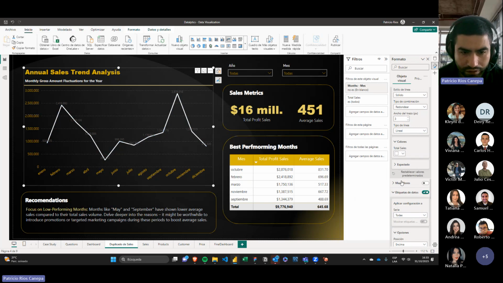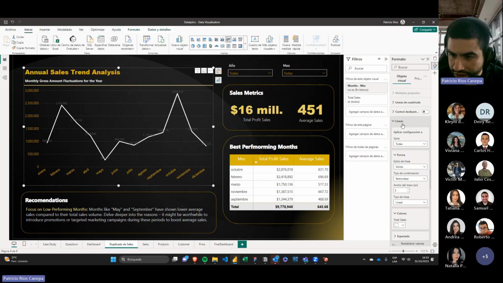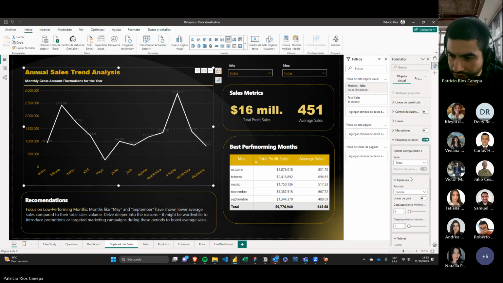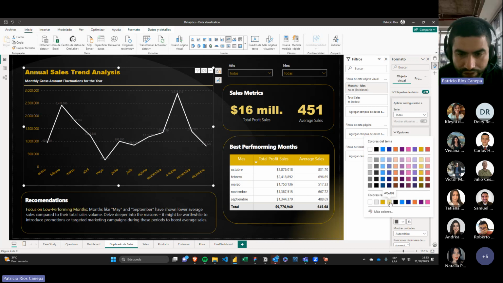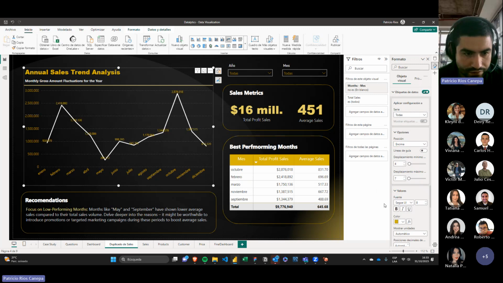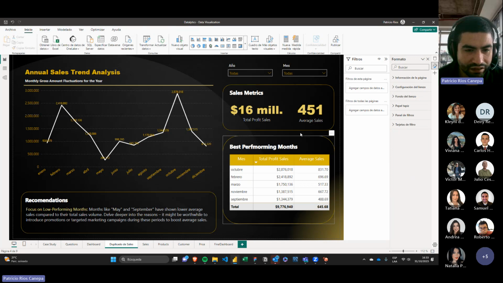Maybe we should go for kind of a white, and also the labels are really not showing that well. So maybe we could try this.